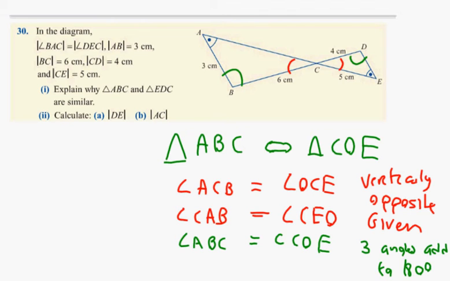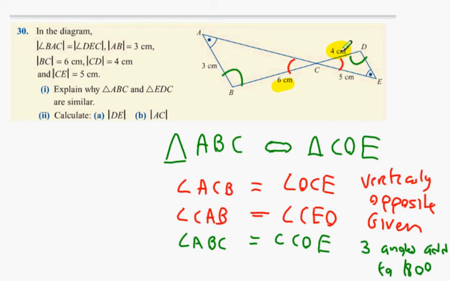So as an example, you want to calculate D to E. Can anyone in the class explain why I'm saying these two sides are corresponding? I'm going to say 6 corresponds to 4. 6 in the big triangle is the equivalent side to 4 on the small triangle.